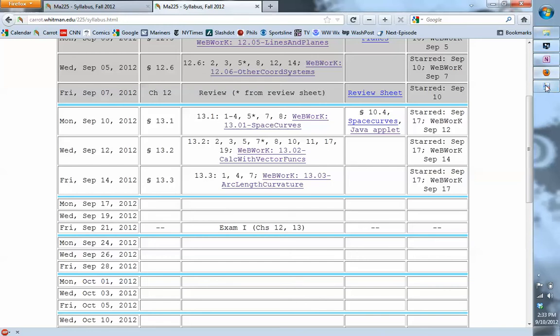We're going to talk about how space curves represent motion, and then if we get a chance at the end, we'll actually start doing calculus on space curves. In particular, we'll talk about differentiating space curves, which would be the first calculus, I think, that you've done this semester in Calc 3.